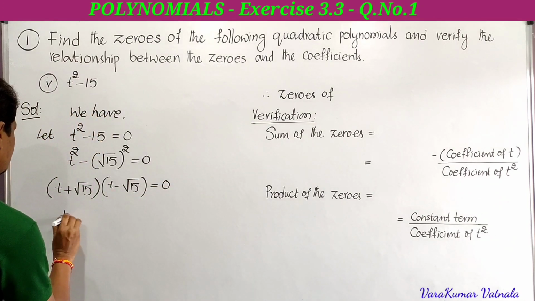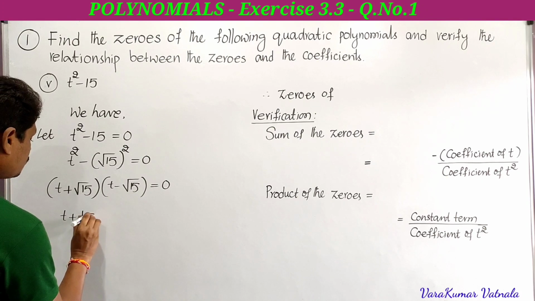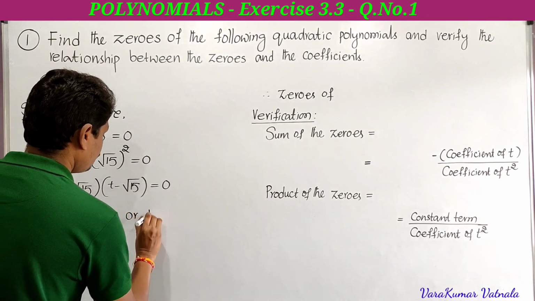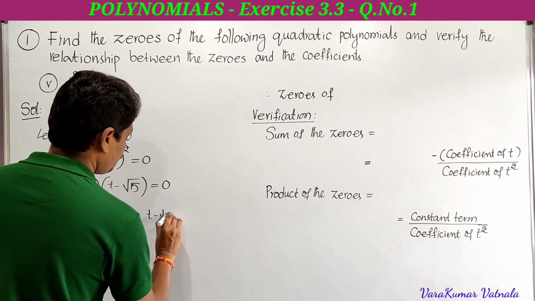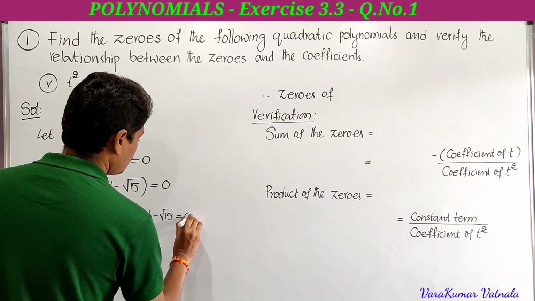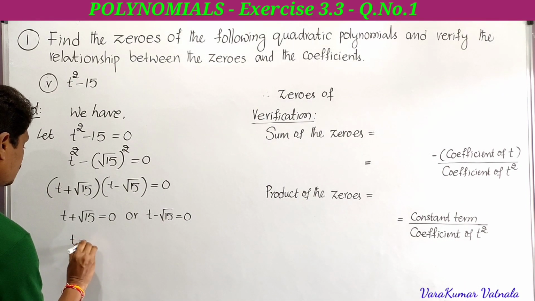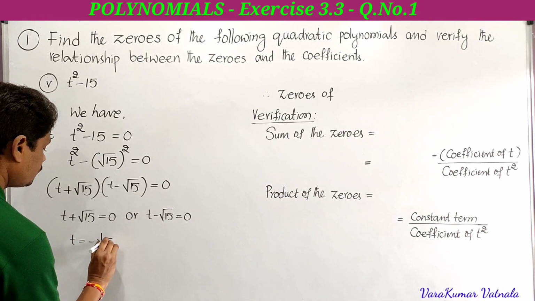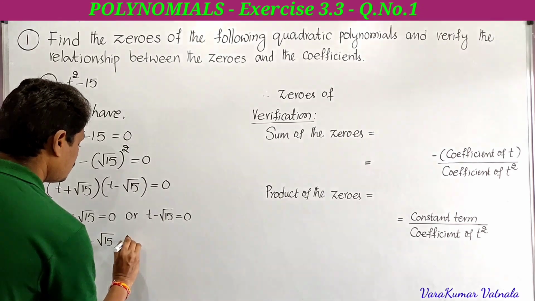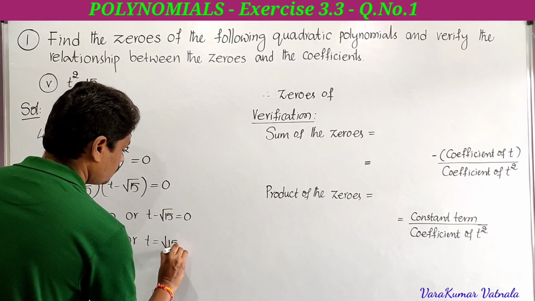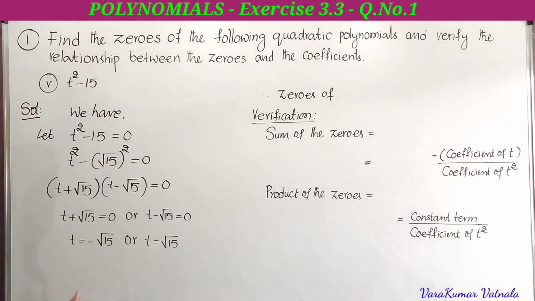Therefore we can write t plus root 15 equal to 0 or t minus root 15 is equal to 0. So from this, take plus root 15 to the right side, that is t is equal to minus root 15 or t is equal to plus root 15.